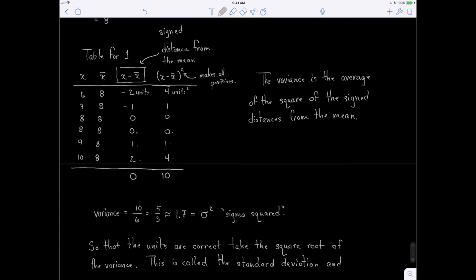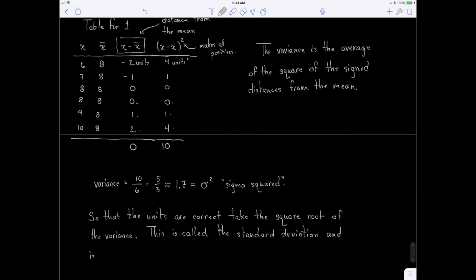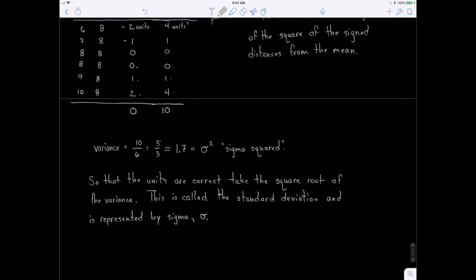And it is represented by sigma. Like that. So, our last step here is that if we have our standard deviation, well, we would take the square root. You could use the 1.7, but since that's already a rounded number, let's just use the 5/3.